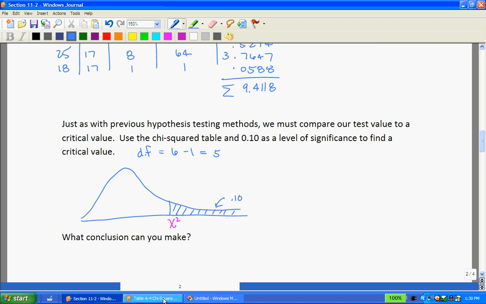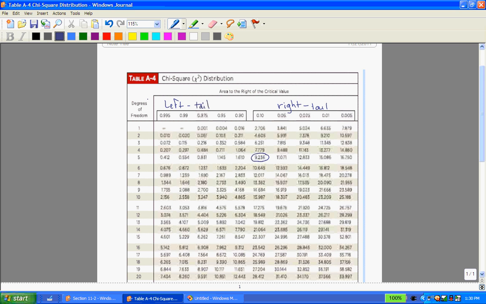So on our table, we first have to go down and find our degrees of freedom. And let me explain real fast about how this table works. Over here you have these values 0.995, 0.99, 0.975. And this is the left side or left tail.